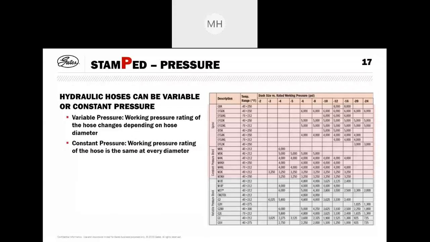From a dash 6 or 8 it's 6,000 PSI, all the way through to an inch and a half at 6,000 PSI. So those are the variations we need to look at and understand in the tables, but also what hose we're picking up. If it's a larger size and a variable pressure, it's going to be lower. If it's a larger size and a constant pressure, it's constant across the board from the smaller size to the larger size in that range.